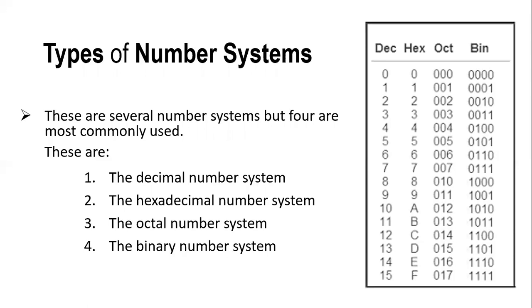Now we'll be learning about the octal number system. As you can see, it has 3 digits and it's going till 17. The octal number system has base 8. If we look at the octal number system, the base is 8.